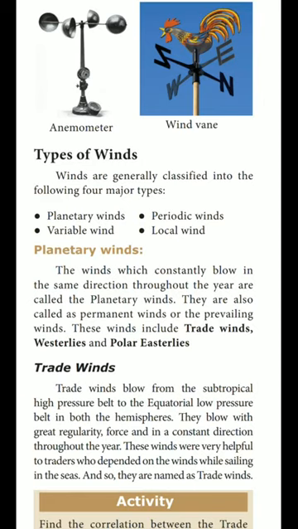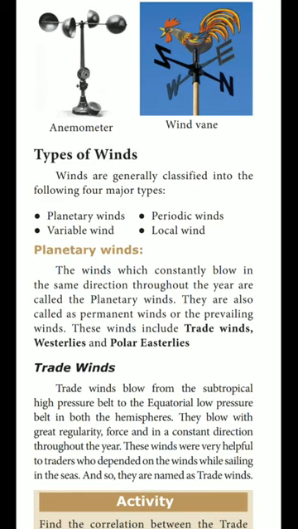What is meant by trade wind? Trade wind blows from the subtropical high pressure belt to the equatorial low pressure belt in both the northern hemisphere and the southern hemisphere. So, it is considered as a trade wind.